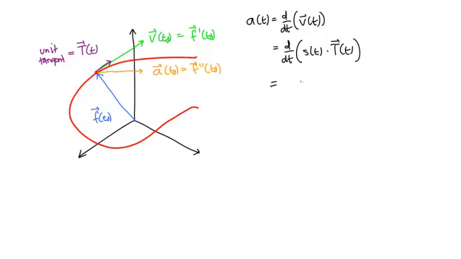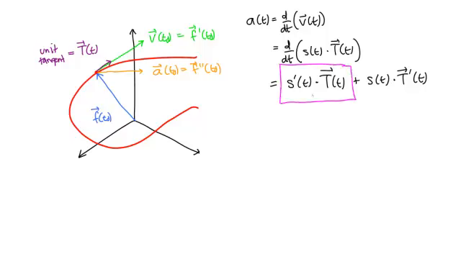To differentiate it, we could use the product rule. We saw that yesterday. So we'll have the derivative of the first times the second plus the first times the derivative of the second. So what that says is that acceleration can be written as a sum of two vectors. One of these vectors is parallel to the velocity vector, and its magnitude is the change in speed.